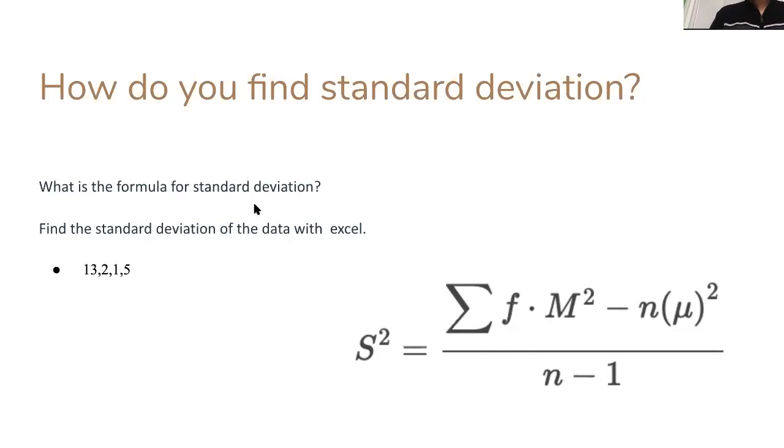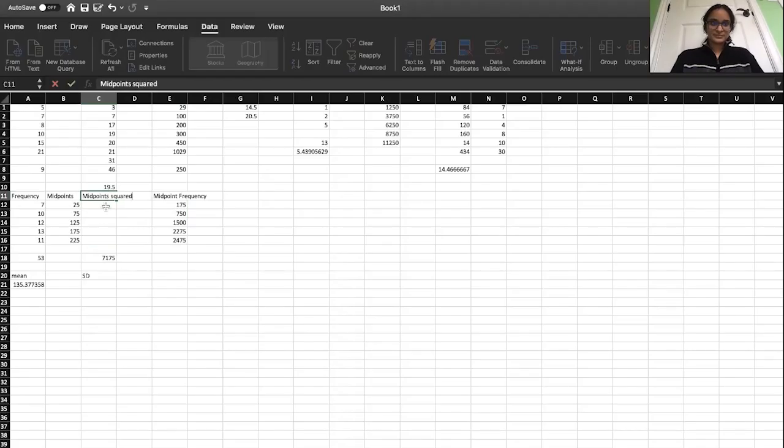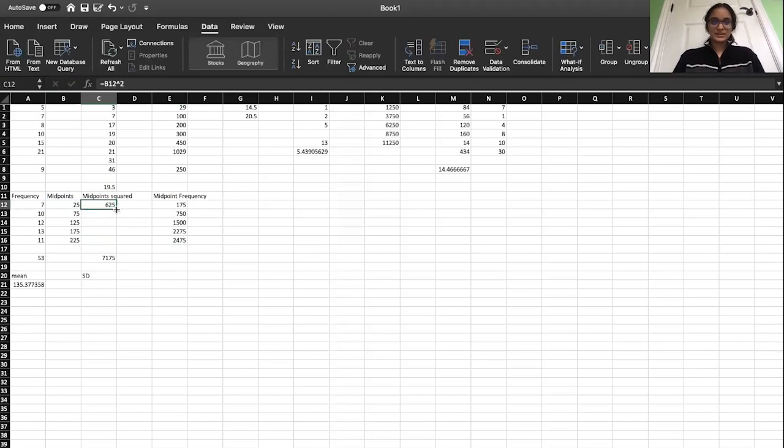So what I'm going to do first is find the square of each midpoint that I have. I'm going to say equals this one. I'll get 6. And all I have to do is drag it down, and that'll give me the square of all my midpoints. And this should go over here too.